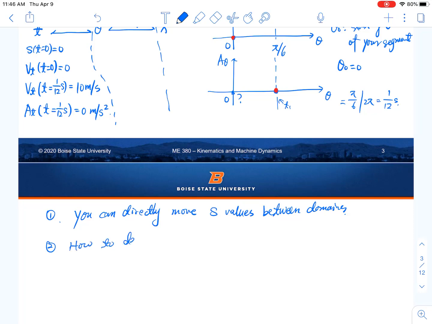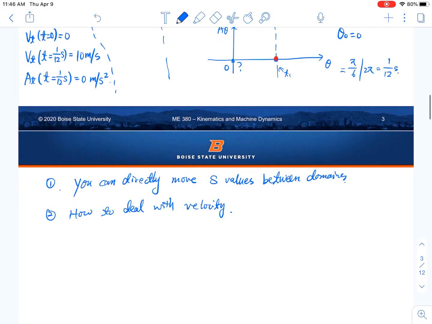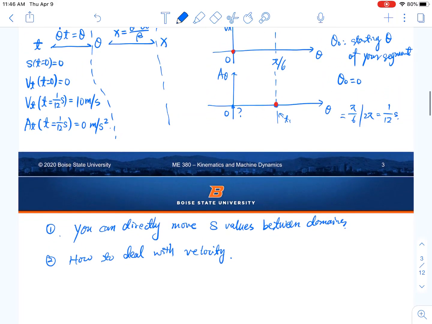Okay, so the second thing is, let's look at the velocity. So that means whatever s is given, you can directly put it in other domains. But then how about velocity? As we recall, your vt, time domain velocity, is ds dt, right? That's by definition. And then we already know that your vx, your velocity in x domain, is ds dx.